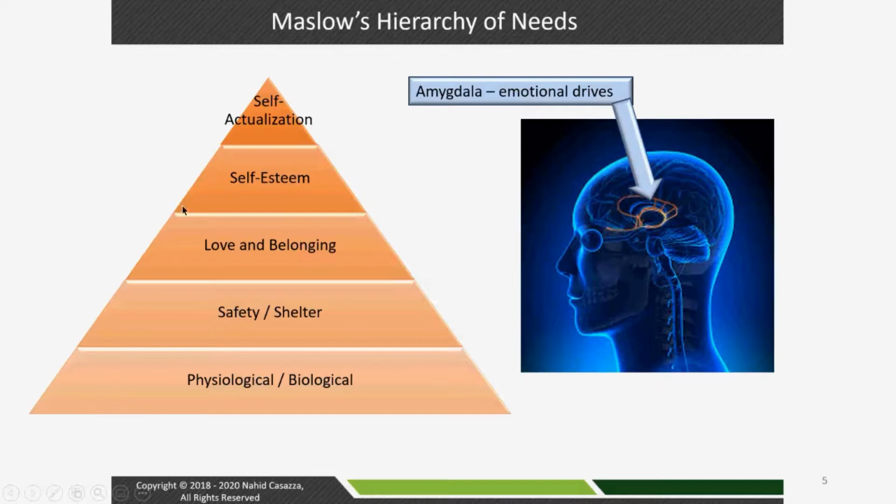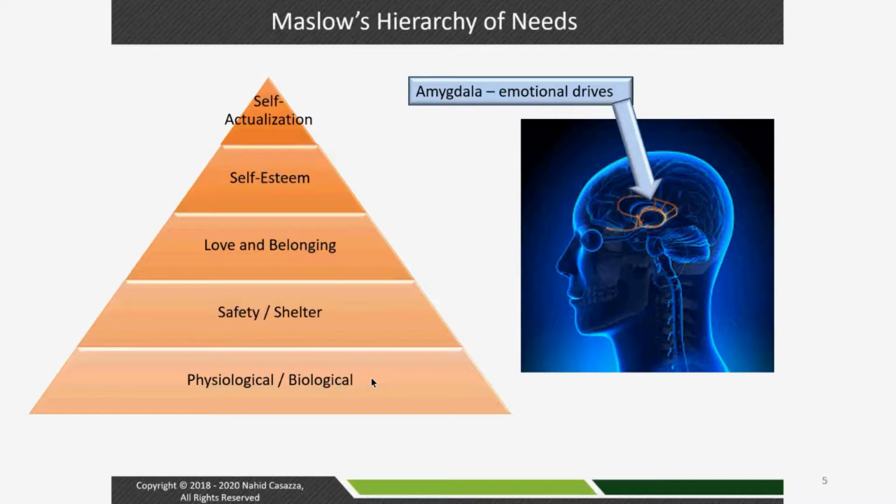The pyramid has 5 levels, and each level represents a set of things that we need to survive. When we talk about physiological and biological things that we need to survive, we need to be at the right temperature. We need to have air. We need to have water. So these are basic physiological things that we need to survive. And a great way to think about what happens when you have that need or when you don't have that need met is your emotional state.